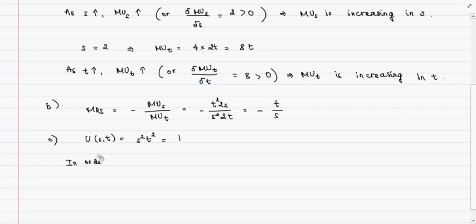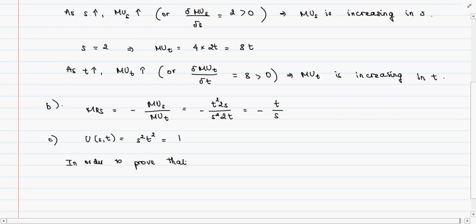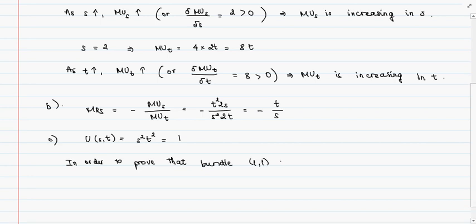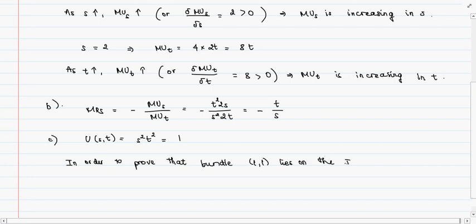In order to prove that the bundle 1 and 1 lies on the indifference curve with a utility level 1, we just have to prove that the bundle 1 and 1 satisfies this equation over here.